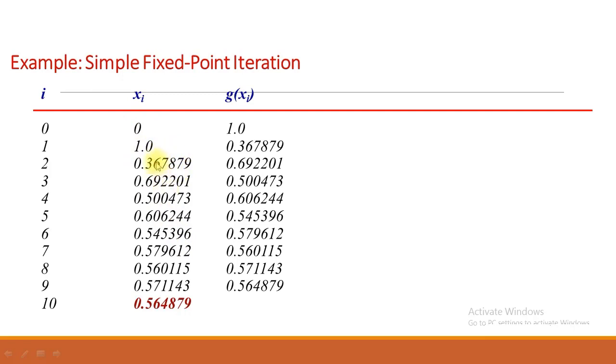So maybe there is a fixed point for the g function, then the fixed point will be the root of the given equation. So now put this point 0.692201 into the function g, we obtain 0.500473.